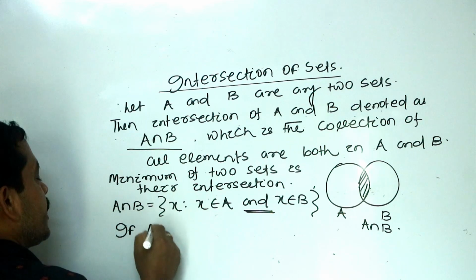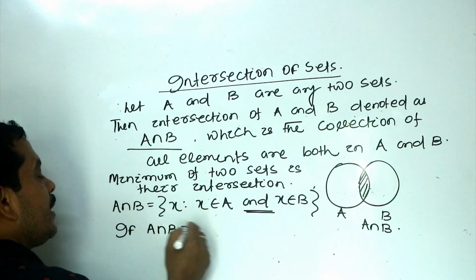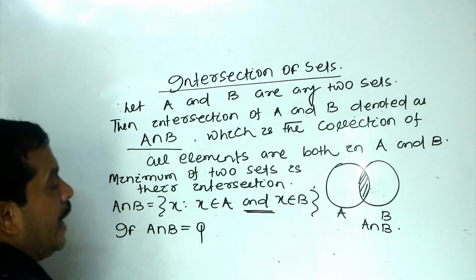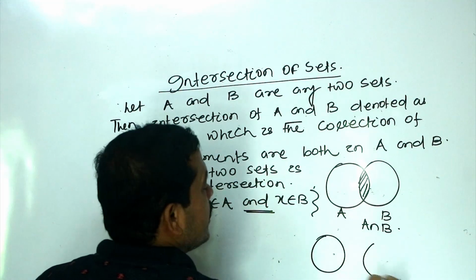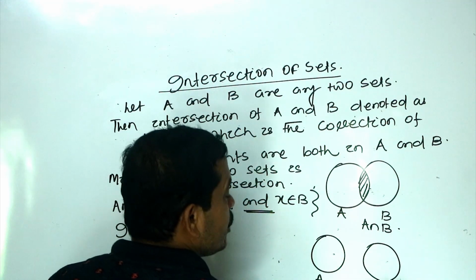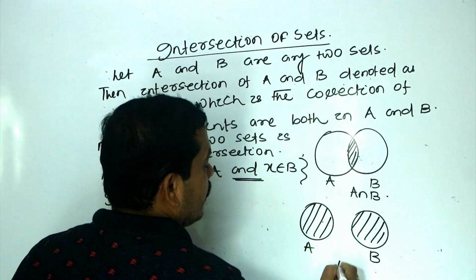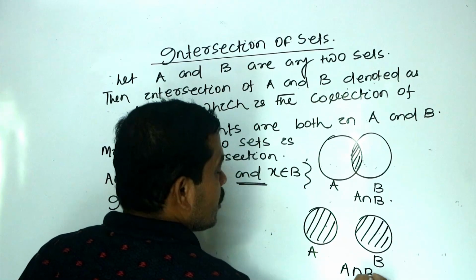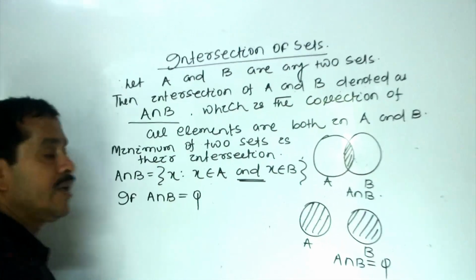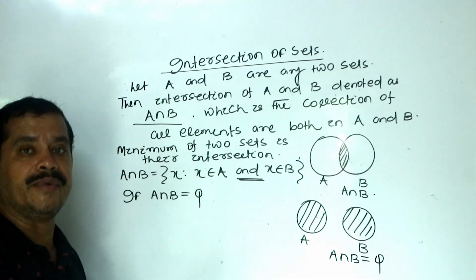If A intersection B equals phi, that means they are two disjoint sets. They have no common element. A intersection B is phi because A and B have no common elements.